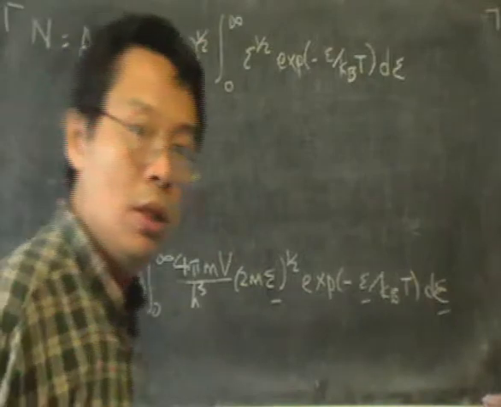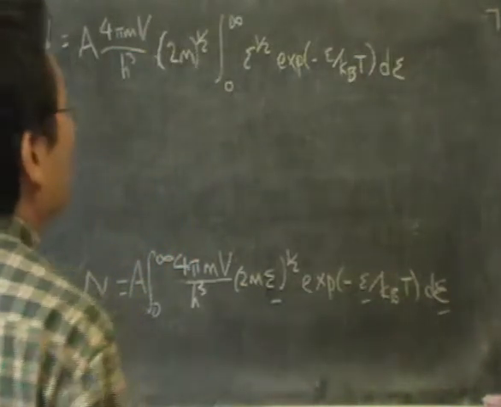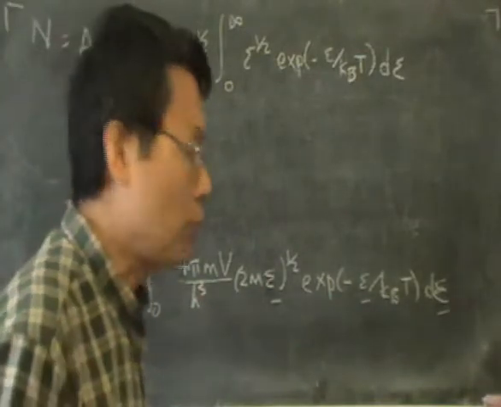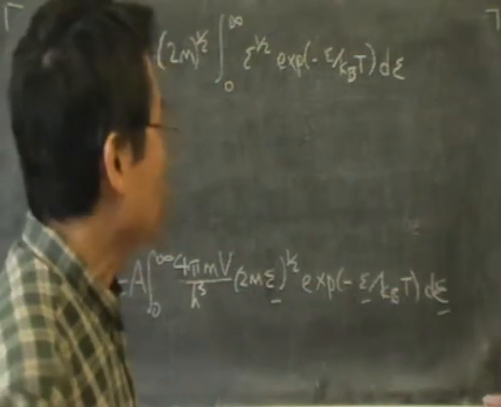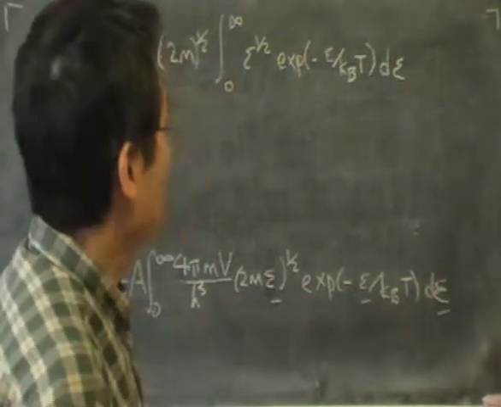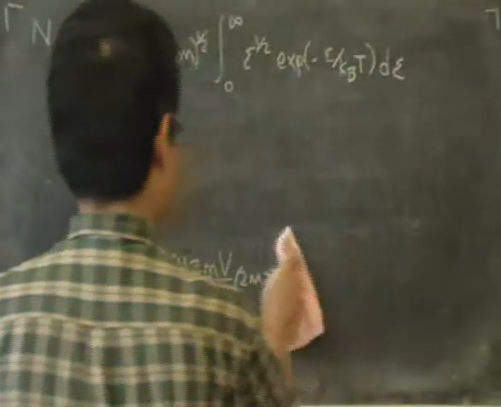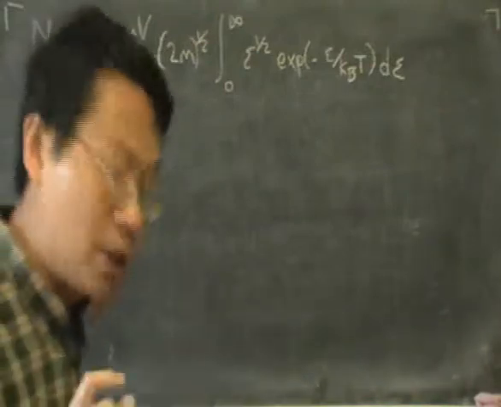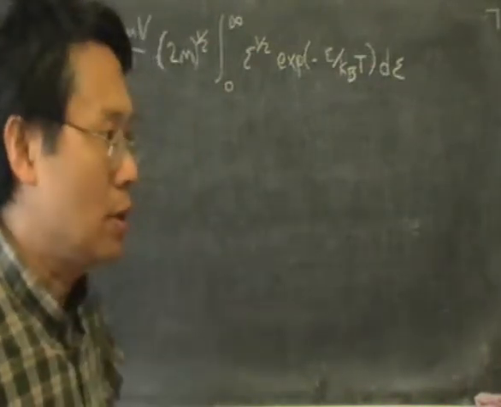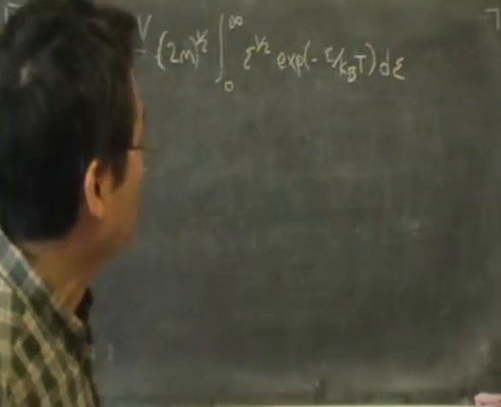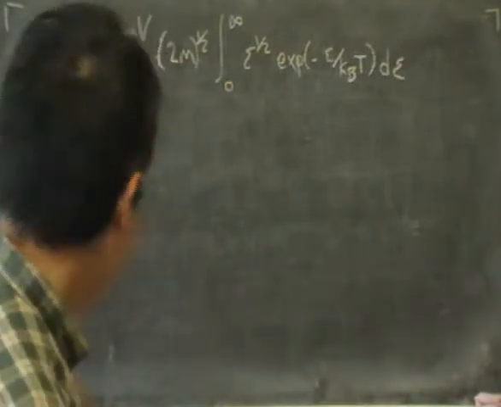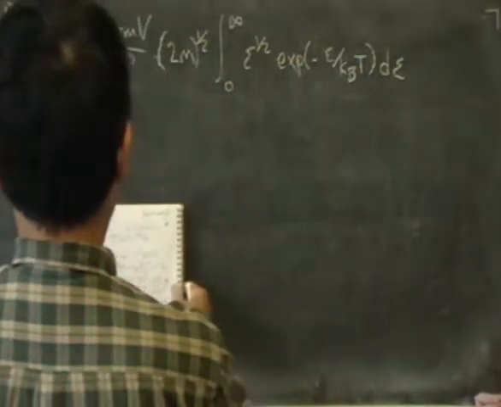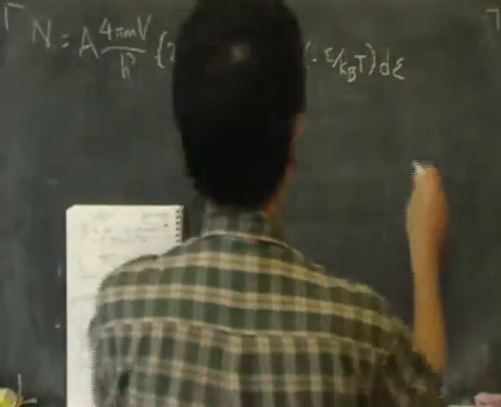Now that's not an easy integral to do, but for integrals like that, we can often find the answers in something called the table of integrals. If you Google for table of integrals, you'll find a link to a Wikipedia list of integrals, which gives this formula. Let me write this out.